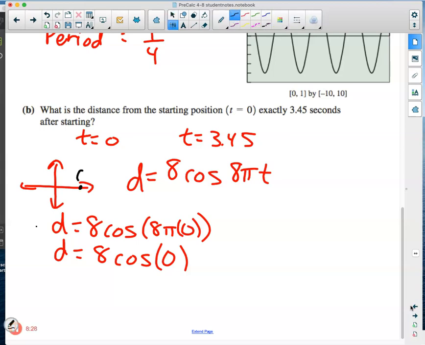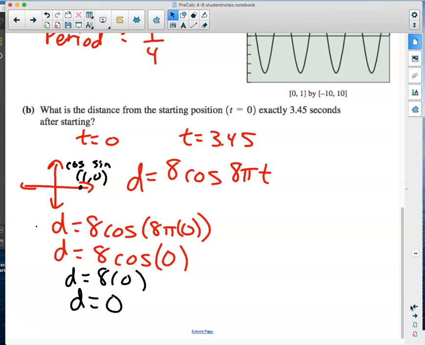And out here on the unit circle is the point (1, 0). And that's always cosine and then sine. So our cosine is 1. And 8 times 1 will be 8, which makes sense. It hasn't traveled at all at a time of 0, but we need to see that. We need to know where that position is.